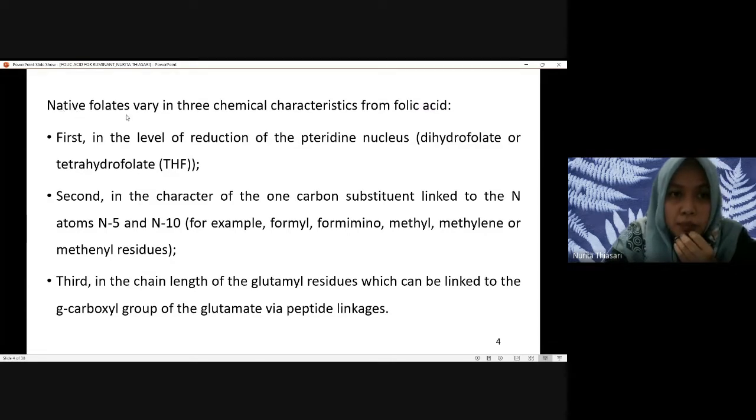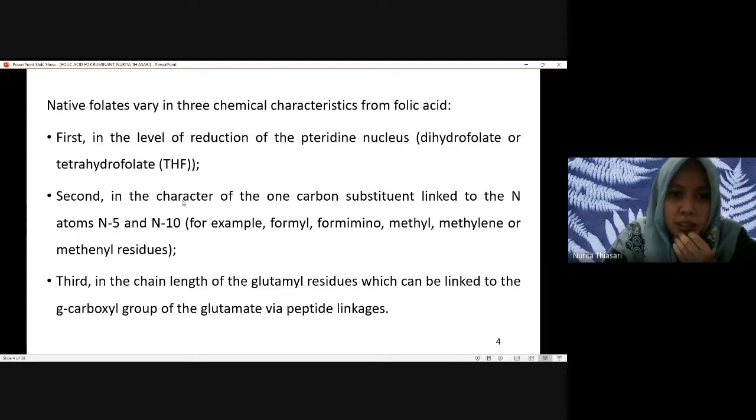Native folates vary in three chemical characteristics from folic acid. First, in the level of reduction of the pteridine nucleus, dihydrofolate or tetrahydrofolate.